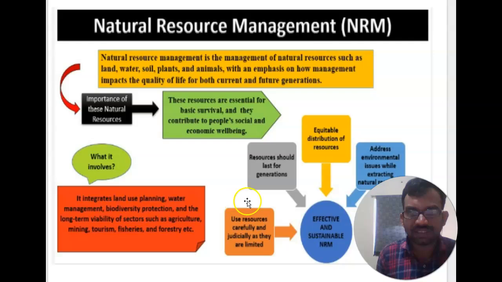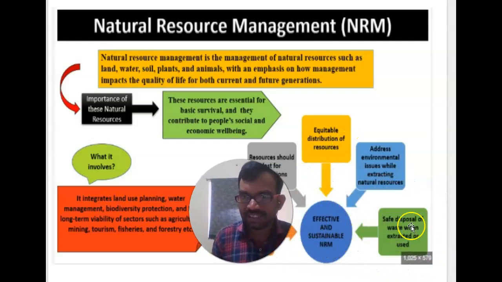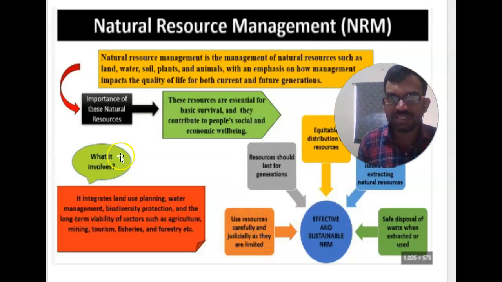You can see judicious and sustainable natural resource management, resources for future generations, equitable distribution of resources, safe disposal of the waste when extraction is done, and addressing the environmental issues while extracting natural resources. These are the kinds of studies we need to discuss in natural resource management.